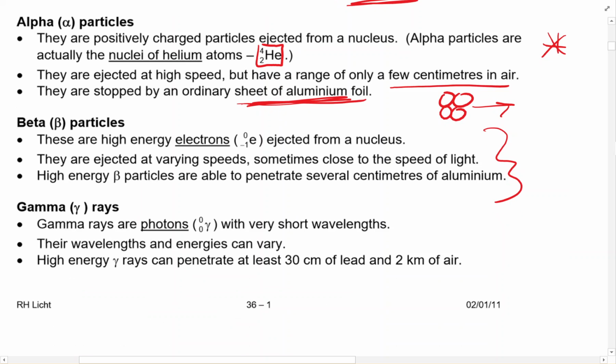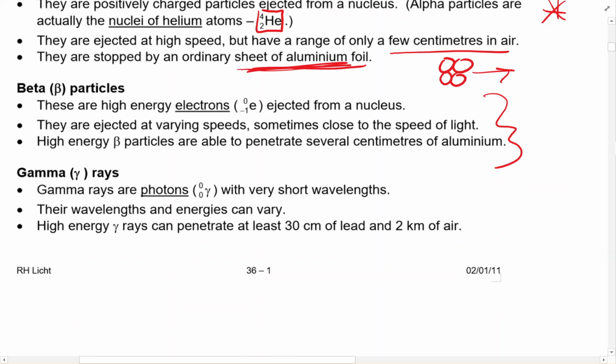All right, beta particles. Beta particles really are electrons, so it'll eject a high energy, high speed electron. We've seen this a little bit so far, but this is the symbol for an electron, which has a 0 for its atomic mass, right?